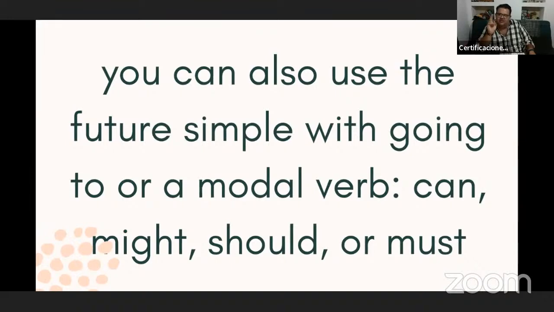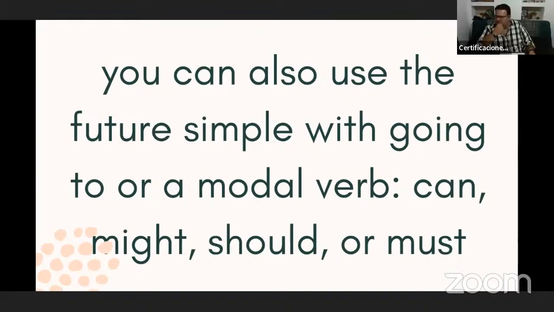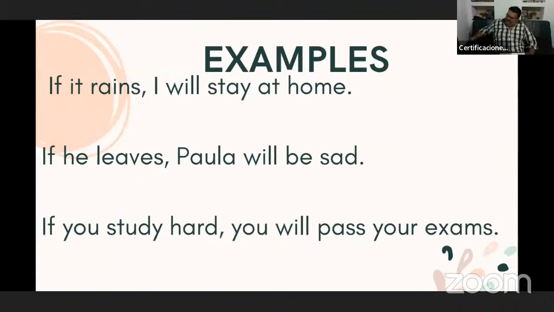Might is for conditional too. Okay. Go to the next one. The example says: if it rains, I will stay at home. If he leaves, Paula will be sad. If you study hard, you will pass your exams. So if you see, it's a real condition with a real consequence.